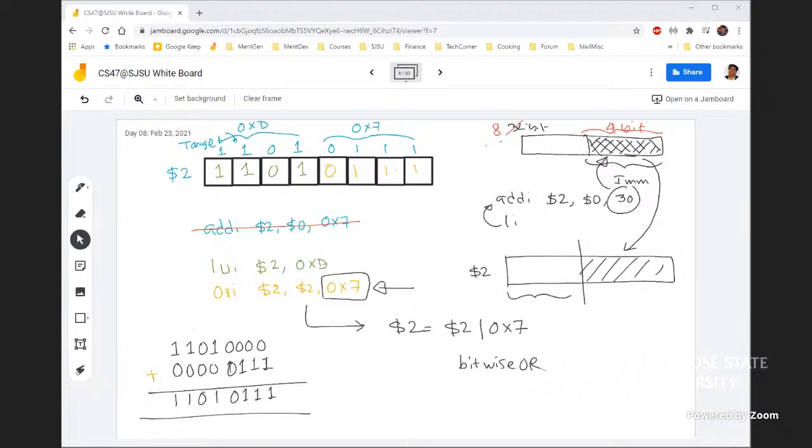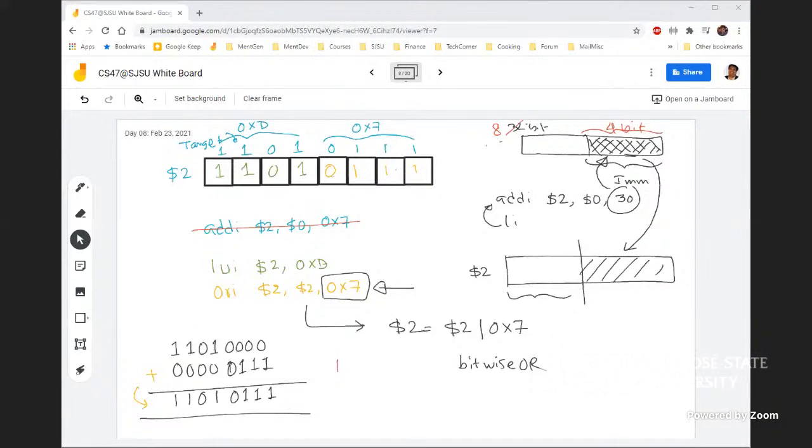So what would the result be? Here, the result would be the same. If you add this one, the result would be the same. However, let's pick another example and see if we can apply that thought.